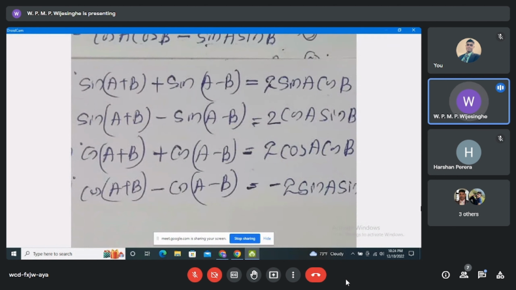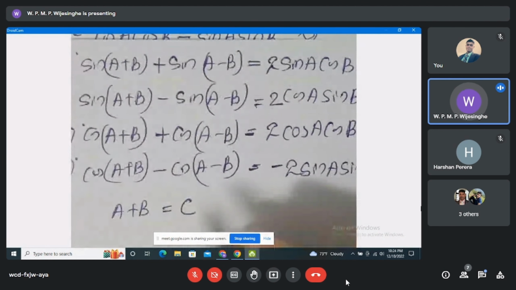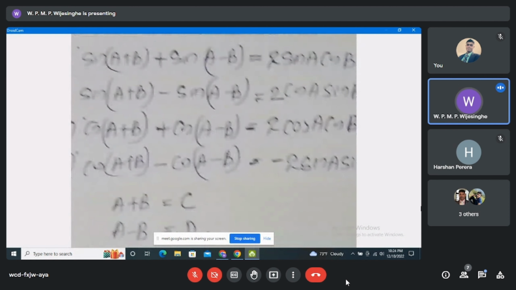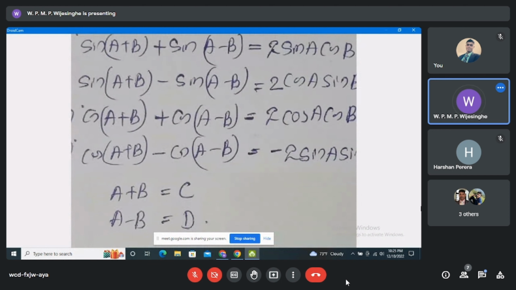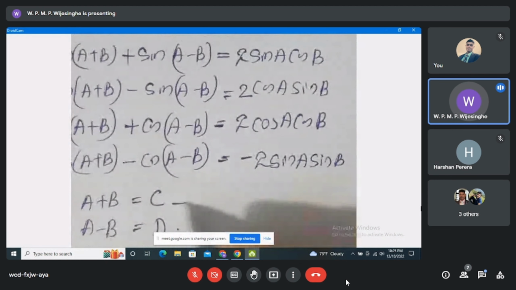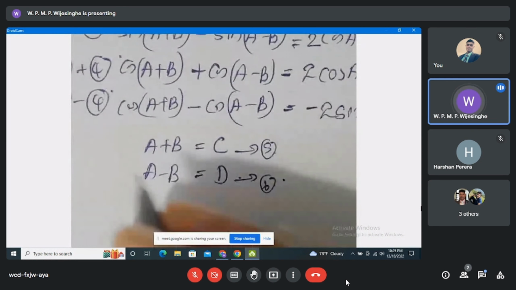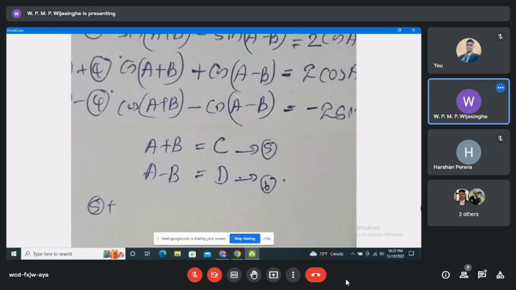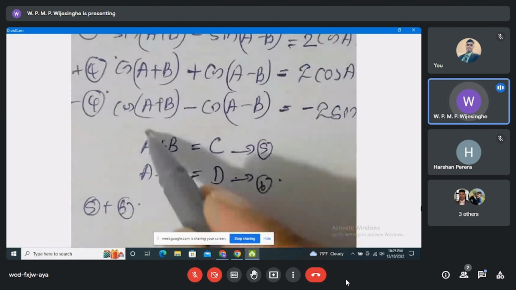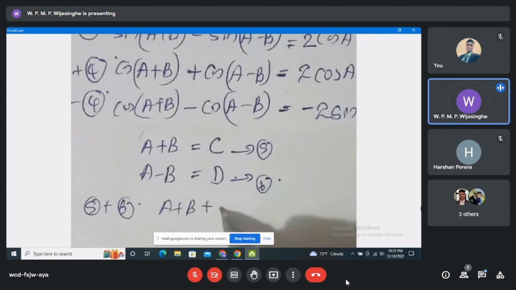Here, I take A plus B as C and A minus B as D, right? So I label this as 5 and 6. Take 5 plus 6. On the left hand side, A plus B plus A minus B, here it is C plus D, right?